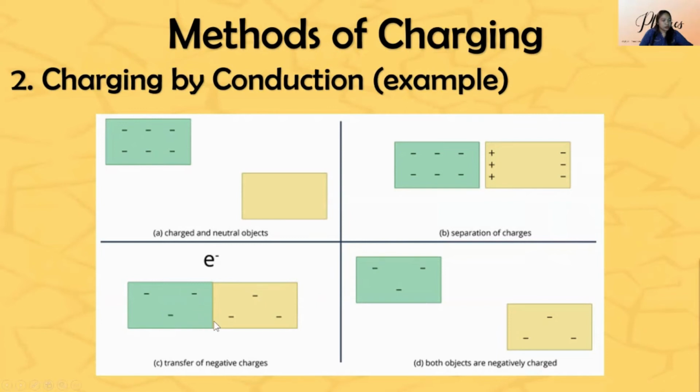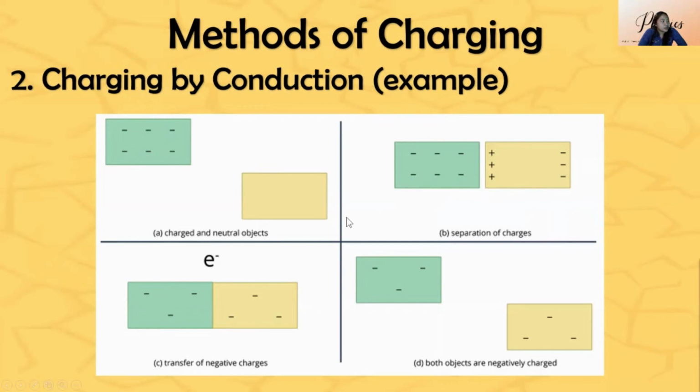Although electrons are transferred, the positively charged material will not be overcome by the electrons transferred, so it will remain positively charged. However, the neutral material becomes positively charged as well after transferring some of its electrons to the other material. So both will become positively charged if the positively charged material is placed near a neutral object.